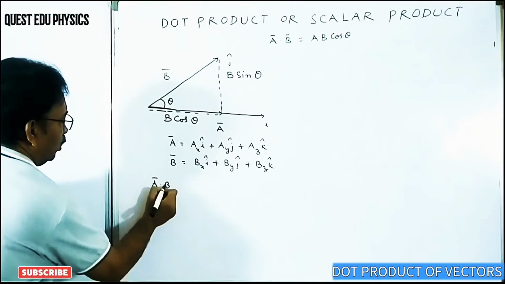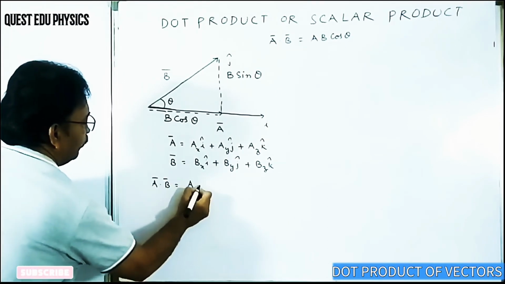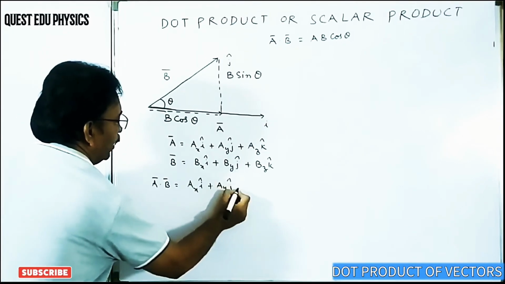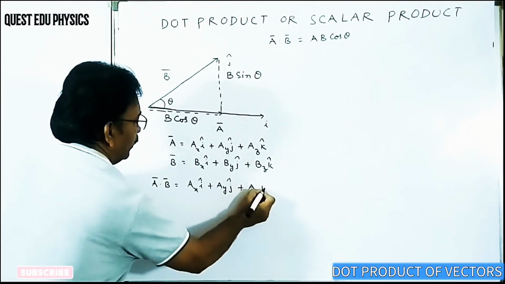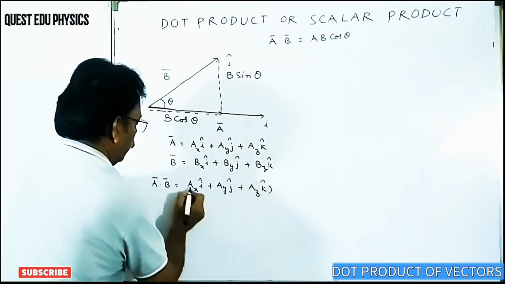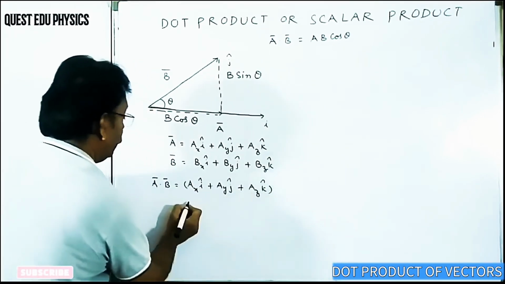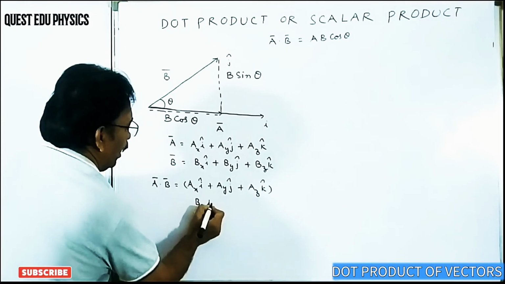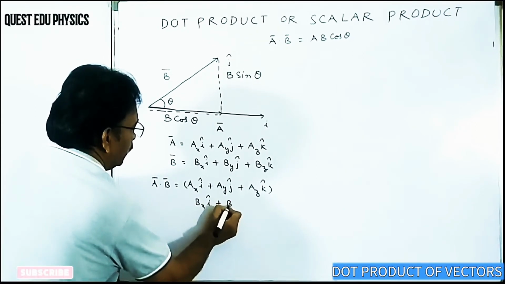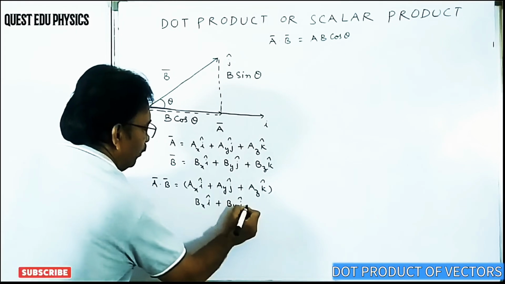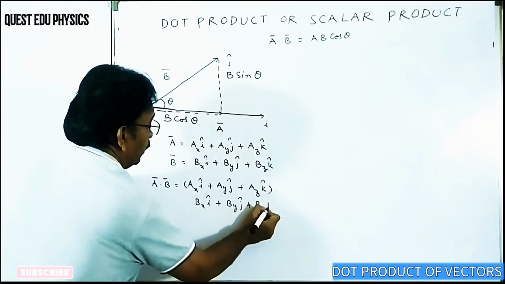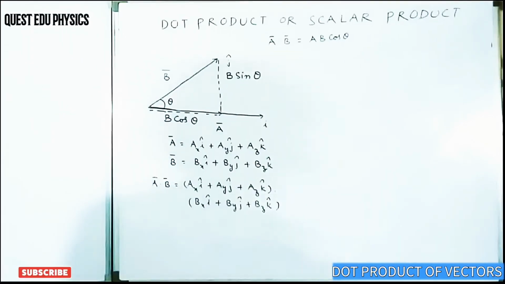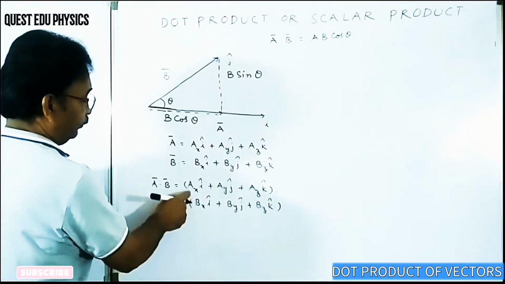A bar dot B bar is equal to Ax i cap plus Ay j cap plus Az k cap, multiplied with Bx i cap plus By j cap plus Bz k cap. We are multiplying these two vectors, and we have to multiply these terms.